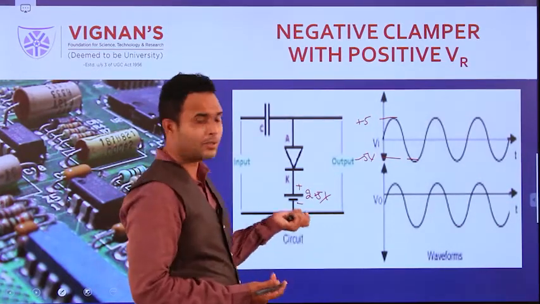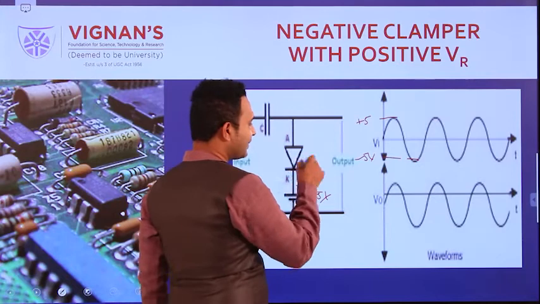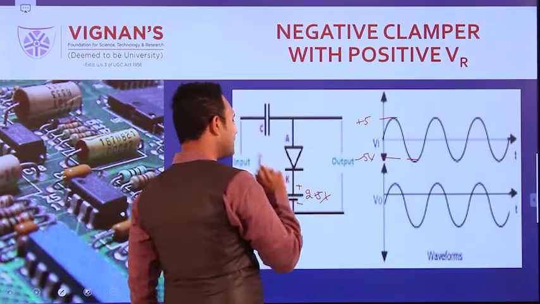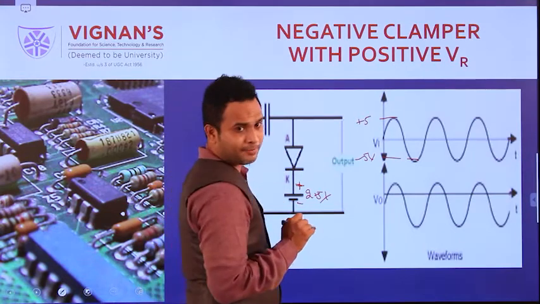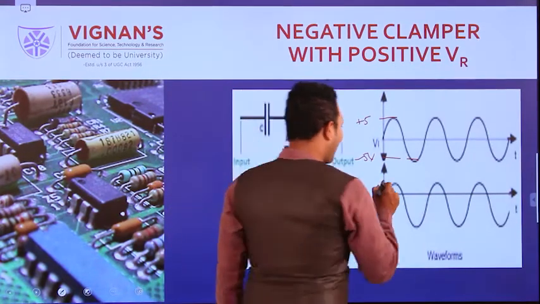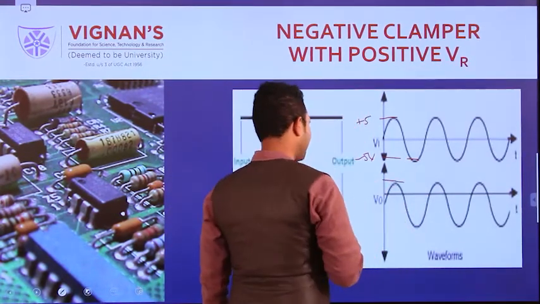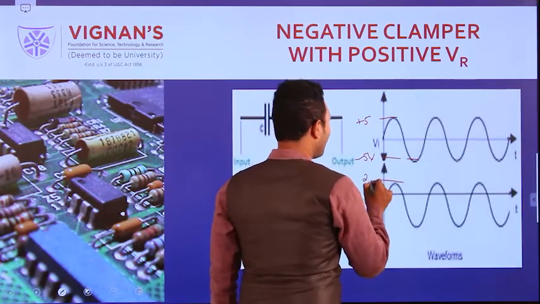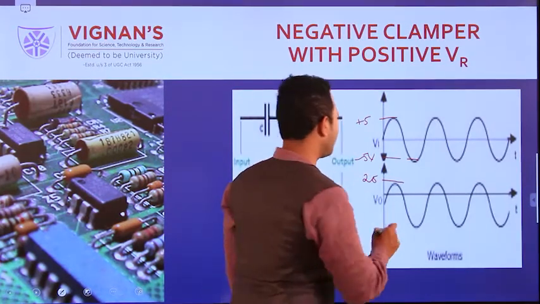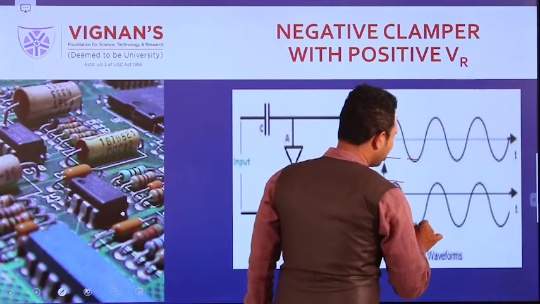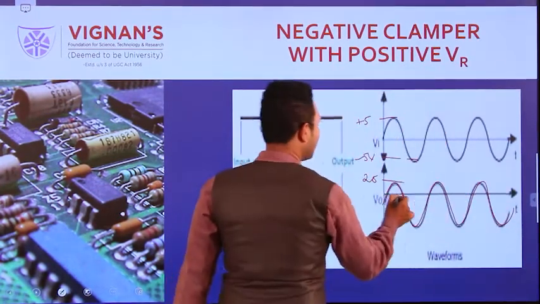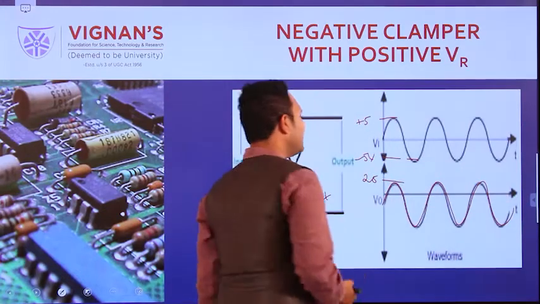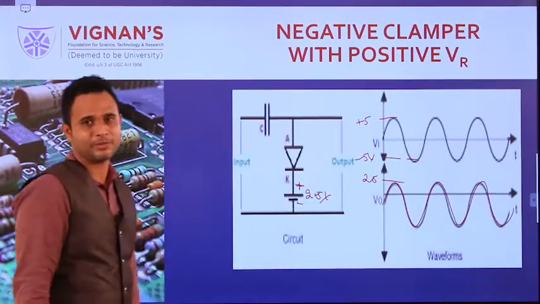Same thing. When we have the reference, up to this instant the positive is connected to the cathode, which means reverse bias. Up to the reference level of 2.5 volts only, the capacitor charges and discharges. So here I am fixing the DC level at 2.5 volts.